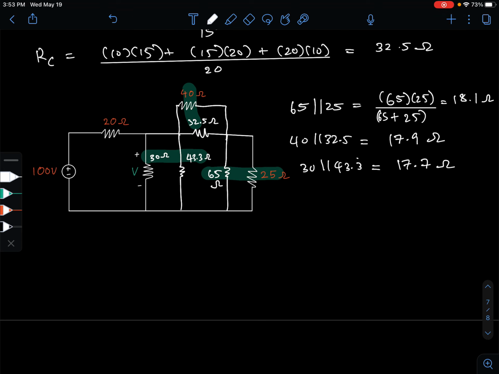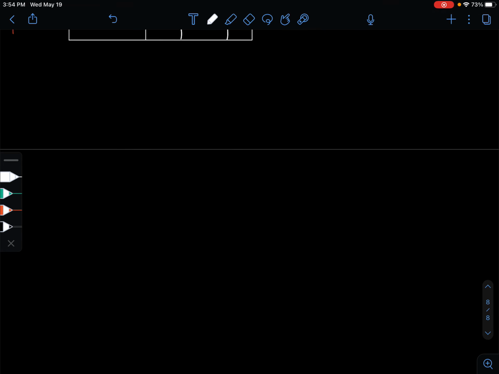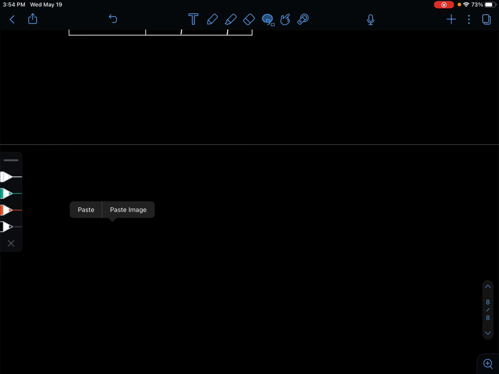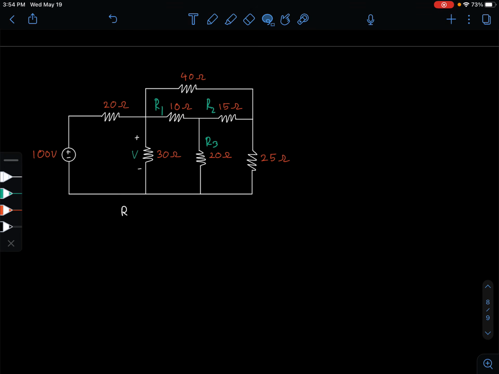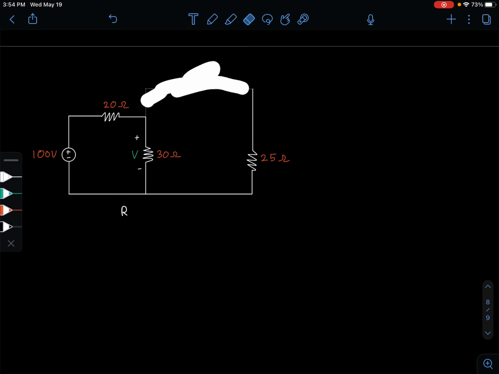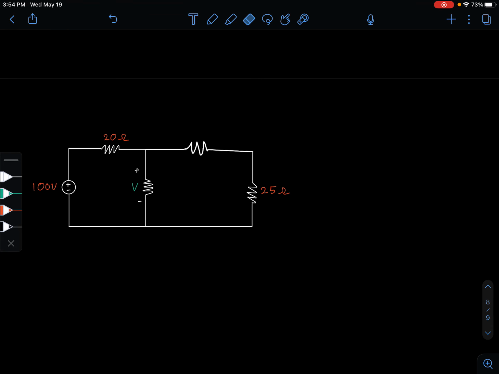These are approximate values. So now that we've simplified even further, let's copy the circuit once again and look at what it looks like now. Essentially, it converts into a circuit that looks a little bit like this, but with the new values.